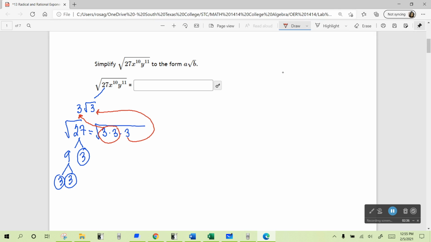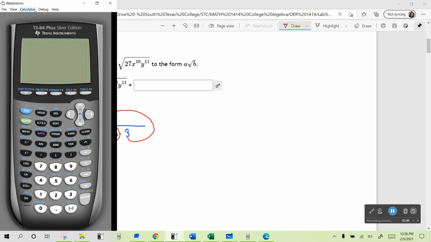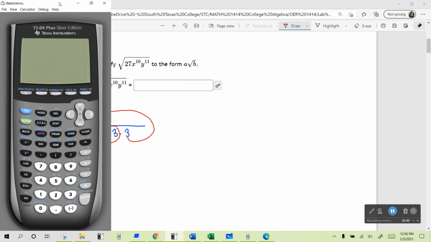And we'll do more examples, and I'll do them by hand also. But remember that you can also put them in the calculator if you have the Casio. The TI-84, which is a popular calculator that students have, won't do it, because if you put the square root of 27, it will give you a whole bunch of decimals.